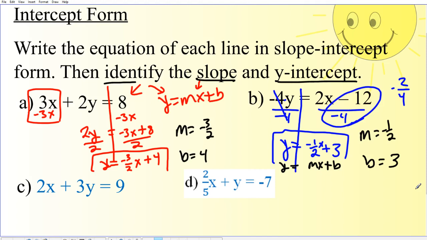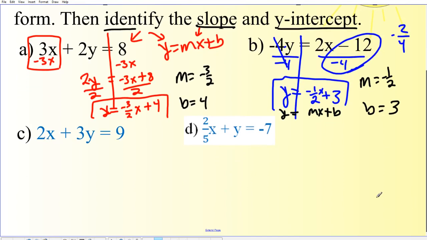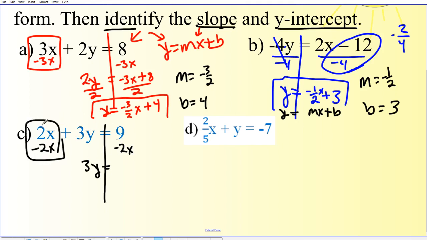All right. So I'm looking at letter C, and here's what I see. To get this y by itself, I have to get rid of the 2x first on both sides, and then I'm going to get rid of the 3. One piece at a time. After you get rid of the 2x on this side, these 2x's cancel out. 2x minus 2x is 0.